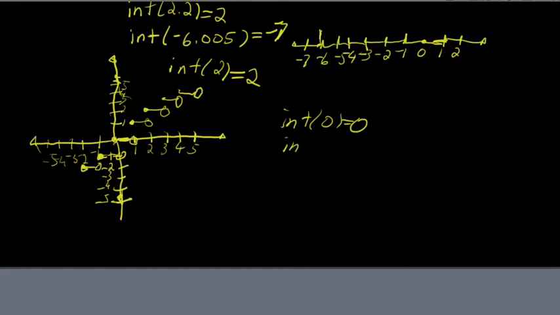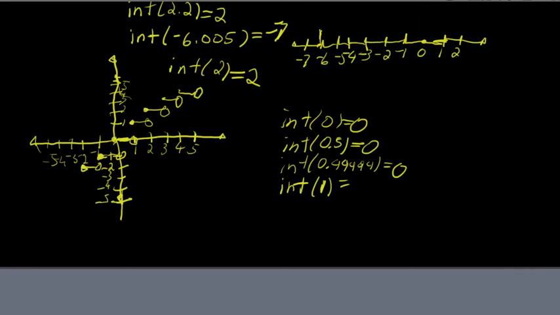Well, let's say you looked at 0.5. The greatest integer that's either equal to or smaller than 0.5 is 0, so that's why 0.5, 0 is a point on here. Let's say you looked at 0.99999. Okay, the greatest integer that's smaller than 0.99999 is 0, not 1. Okay, but let's say you looked at 1.